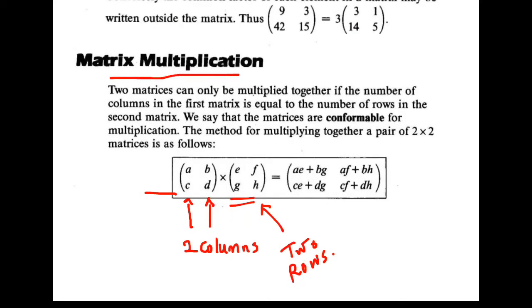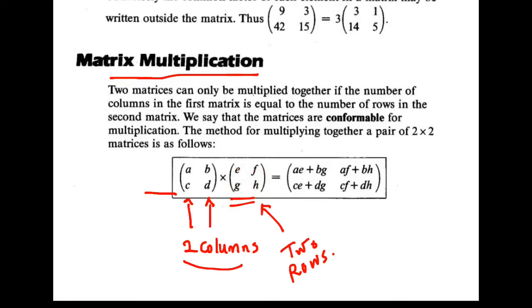Matrix multiplication. You can multiply two matrices, and the condition is the number of columns of the first matrix has to equal the number of rows in the second matrix.